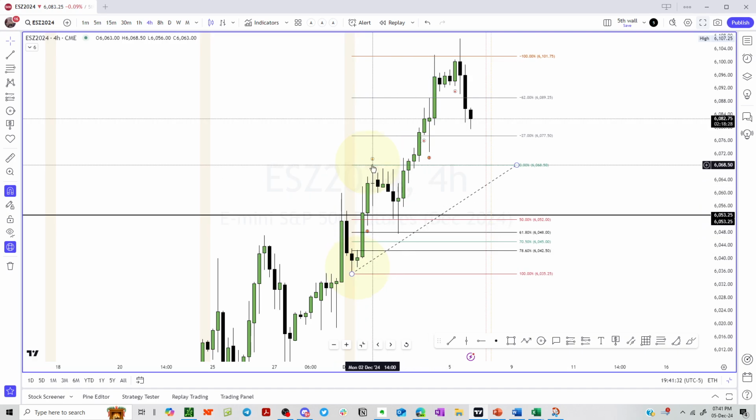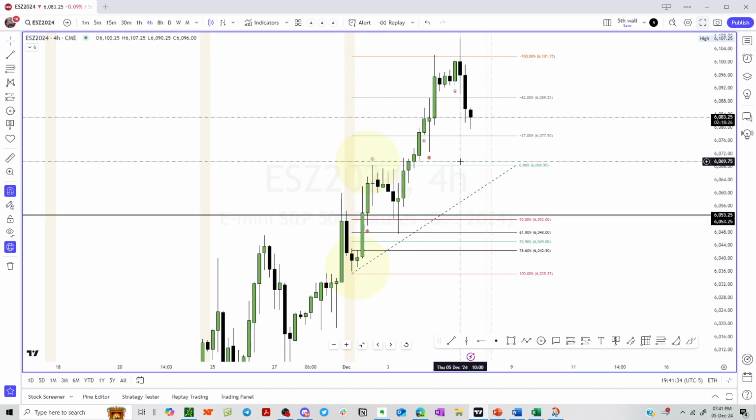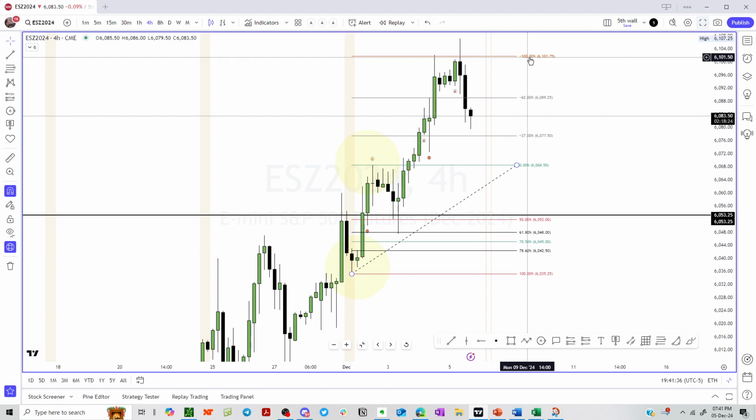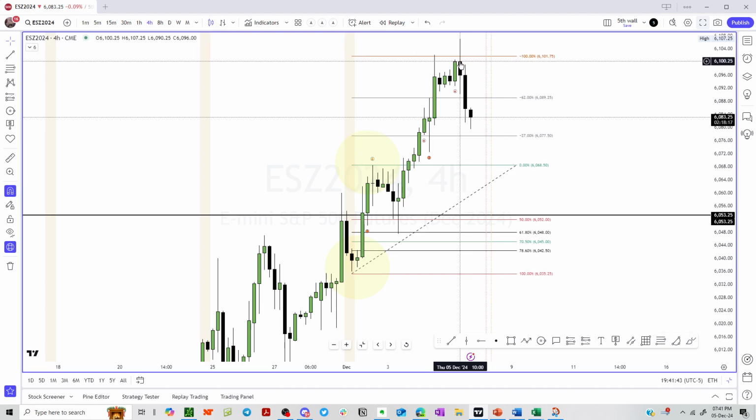Additionally there is an optimal trade entry long, running above 1 standard deviation here, and that's part of today's price action. So it ran up, pushed up, just kept pushing higher. All right, so that's the 4-hour.